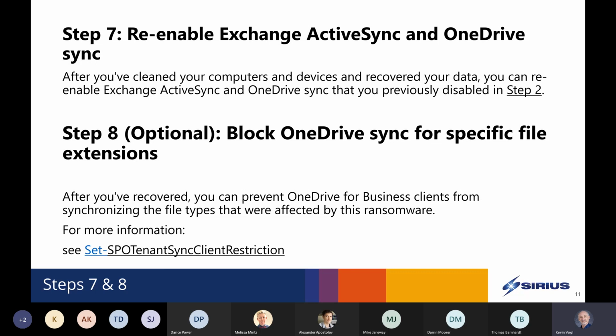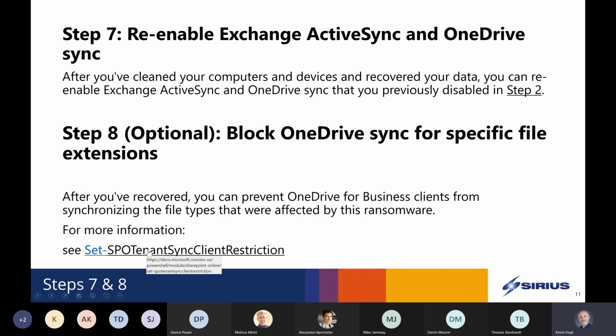And then block OneDrive sync for specific file extensions. If there's a specific attack mode that you found out during your recovery process, you can go in here, and actually I put the article in here, where you can stop OneDrive from syncing certain files, whether, you know, exe files, or if for some reason a zip file is causing it.